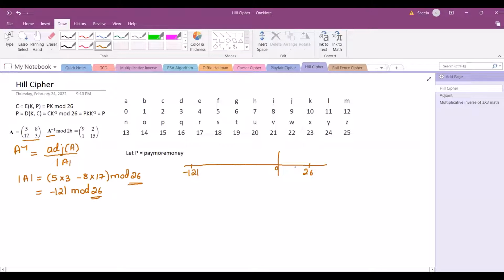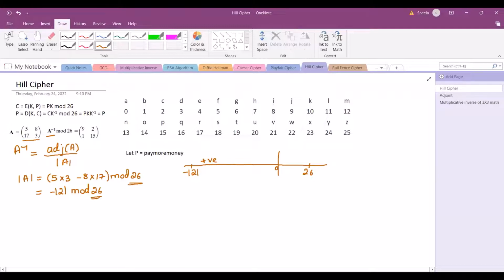So to bring it into the range 0 to 25, we have to add positive values. When we add positive values, the number moves towards 0, but when we add negative values, it moves away from 0.